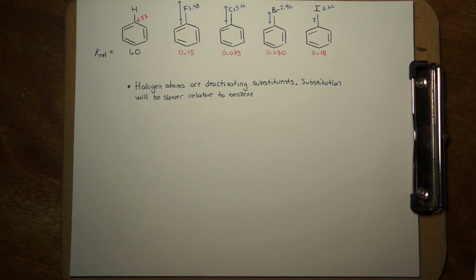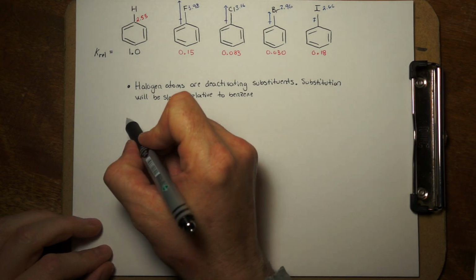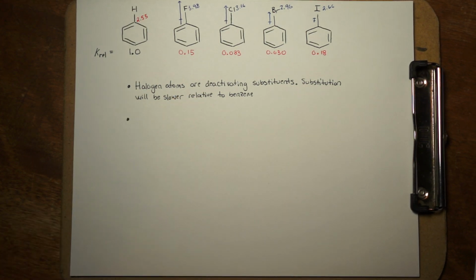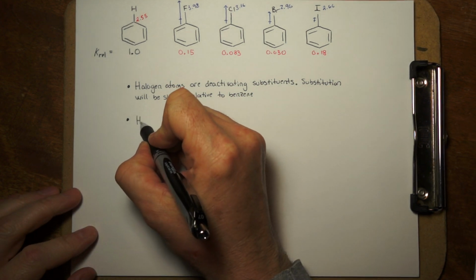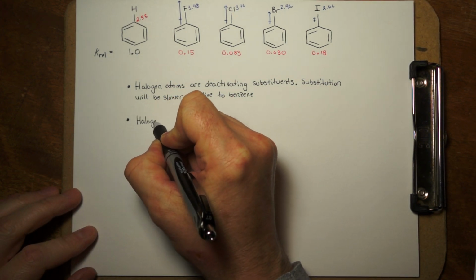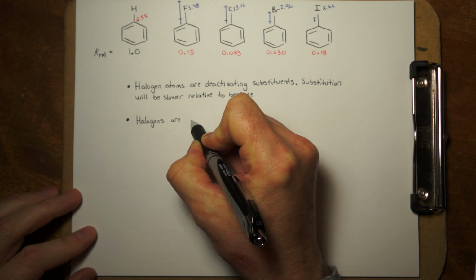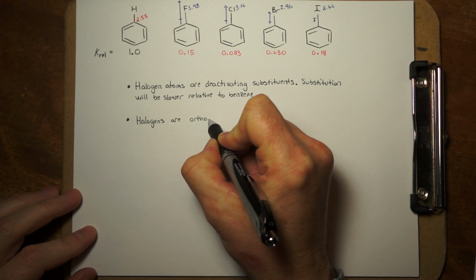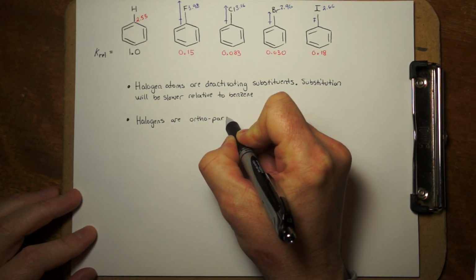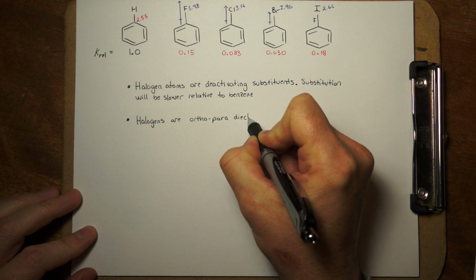The other thing that we have to write down for electrophilic aromatic substitution on halobenzenes is that halogens are ortho-para-directing.